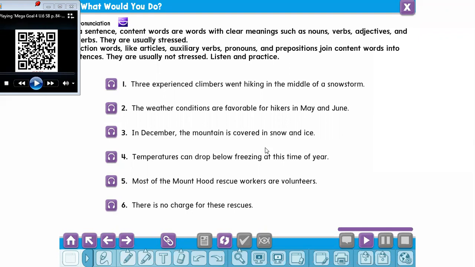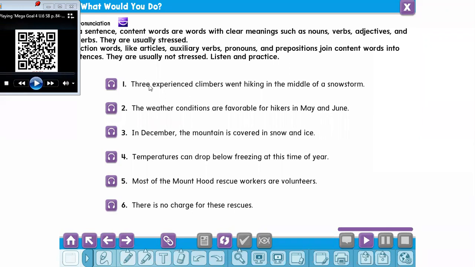When we stress, we focus on or emphasize a certain part and pronounce it a bit more clearly. So the words we stress are nouns, verbs, adjectives, and adverbs. Then function words like articles, auxiliary verbs, pronouns, and prepositions join content words into sentences. They are usually not stressed. Listen and practice. These words are not stressed; stress is only on nouns, verbs, adjectives, adverbs.